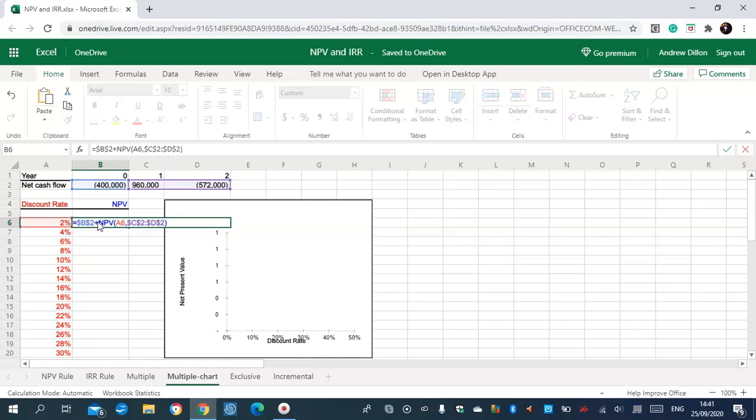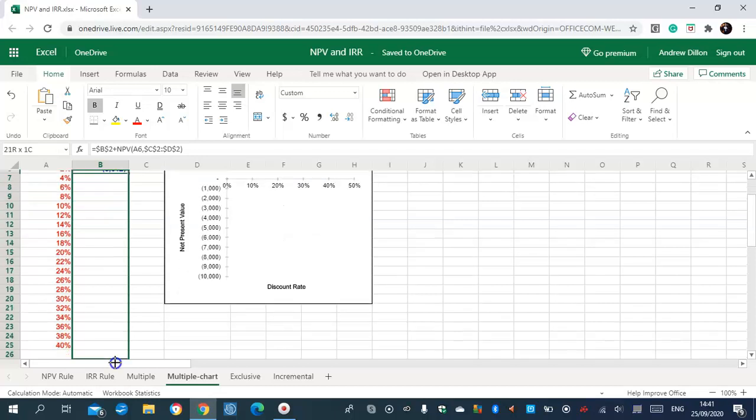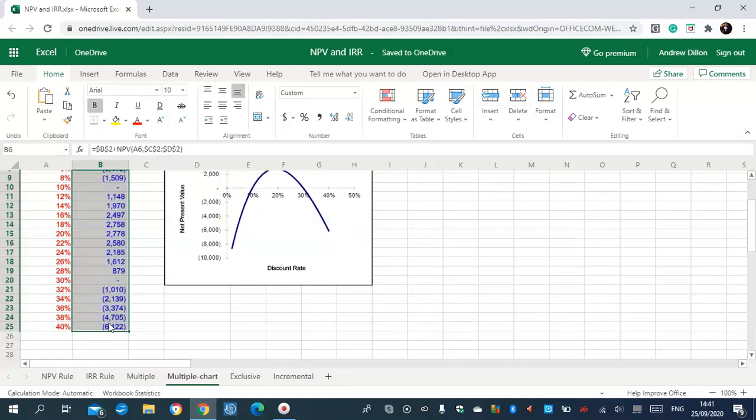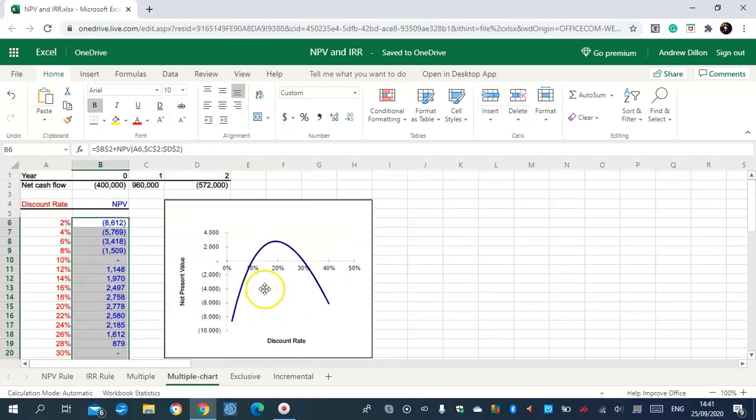Okay, now there should be an answer here. So let's copy and drag that all the way down to 40% and see what comes into the chart. Very good, so there is a line. Now it updates into the discount rate chart.